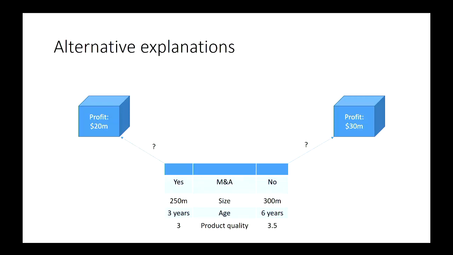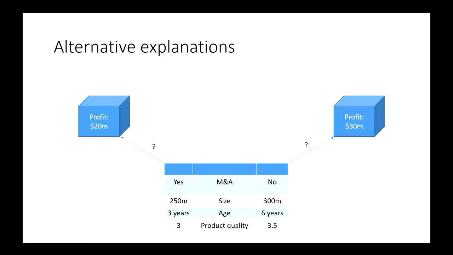First, difference in size. This is a larger company, which is why it has a higher profit. Another explanation is that this is an older company, therefore it has higher profit. Because it has more experience, it knows what's effective, it has a brand, it has customers.